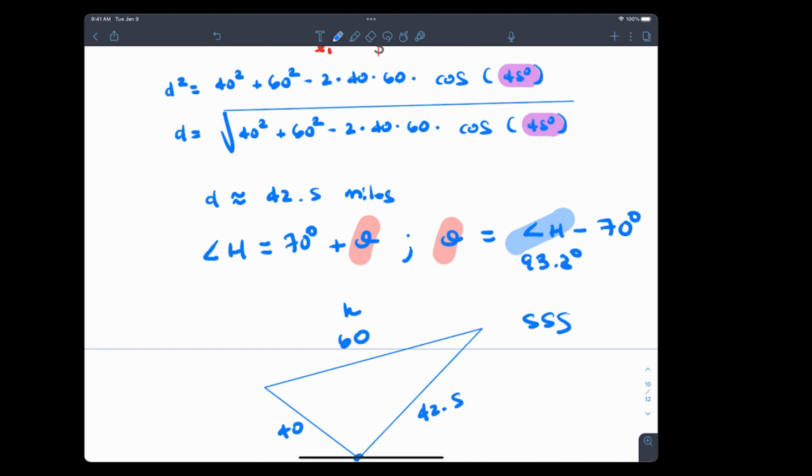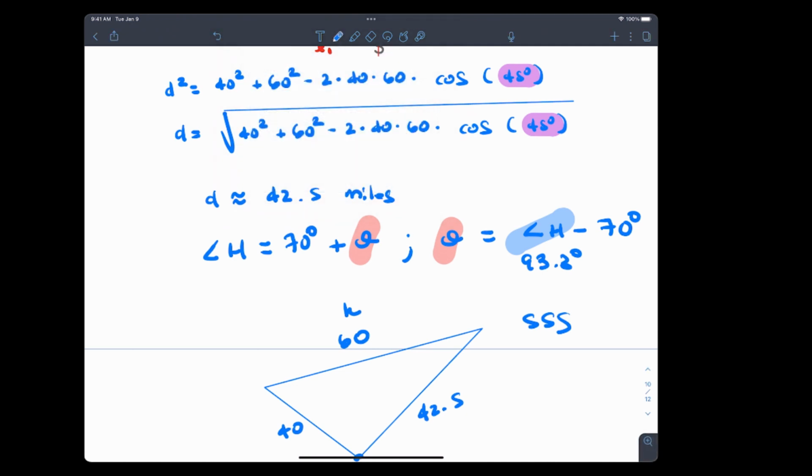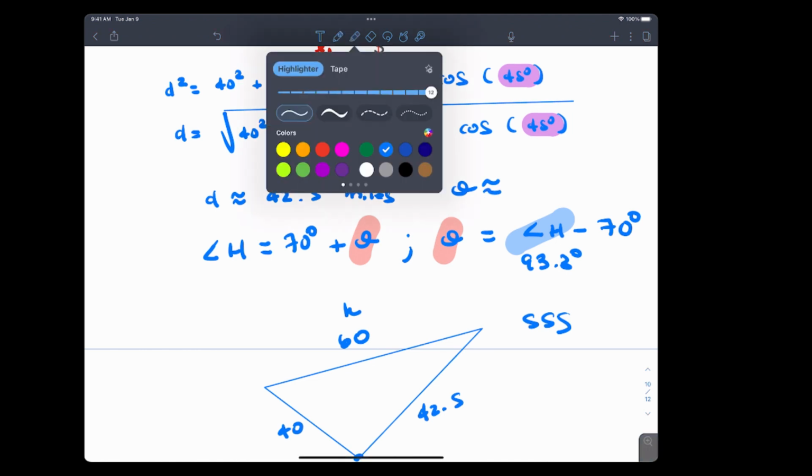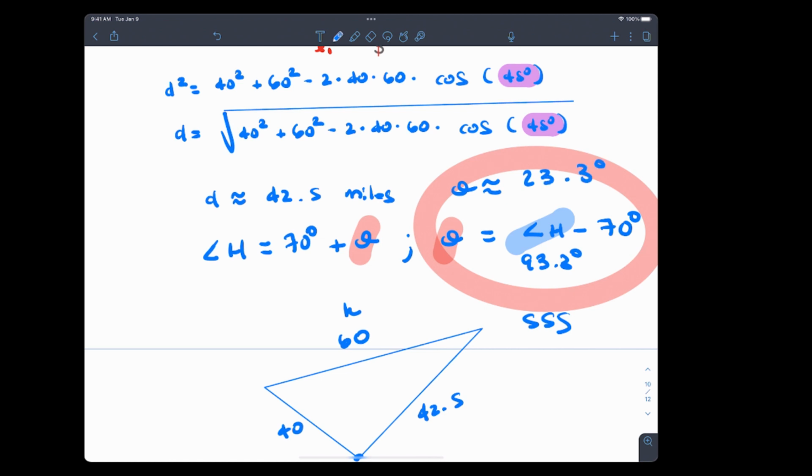Now theta makes a lot of sense. I'll put theta up here. This is my point. Your theta is 93.3 minus 70 degrees. I don't need my calculator for that. I don't have all my coffee. So that's going to be 23.3 degrees.